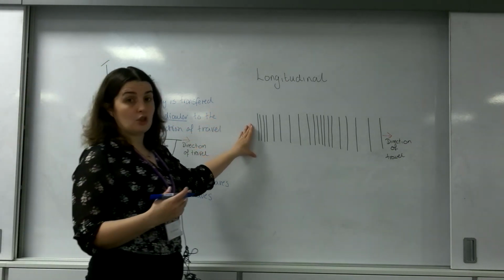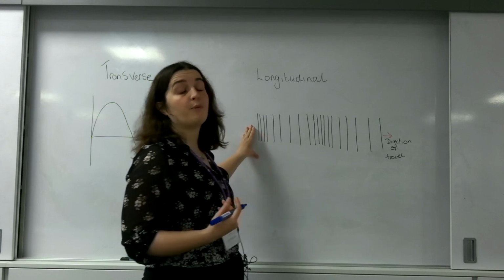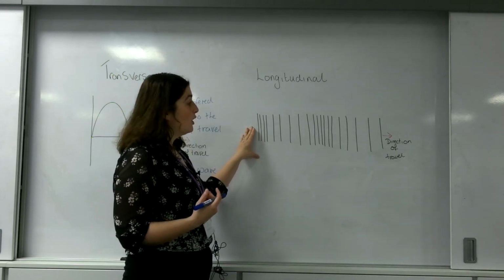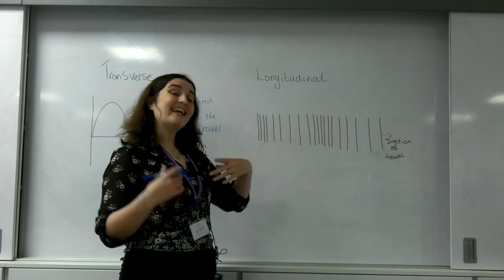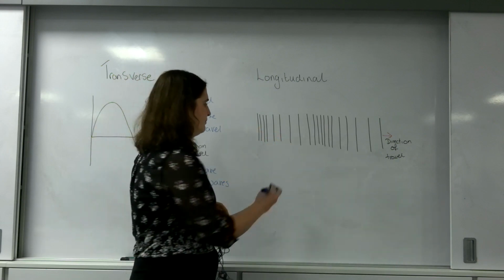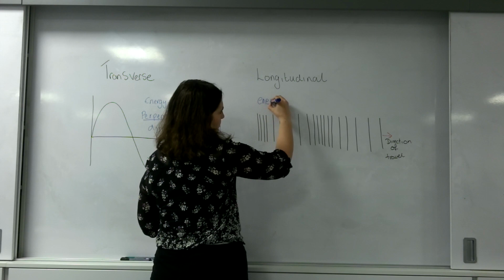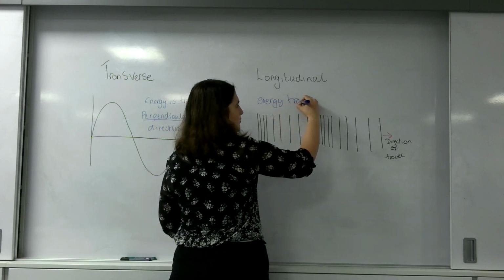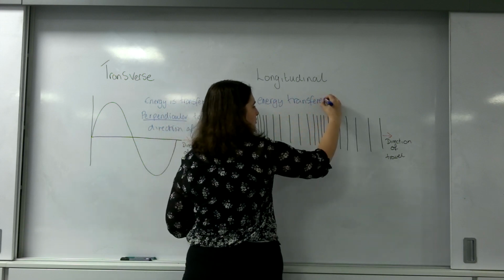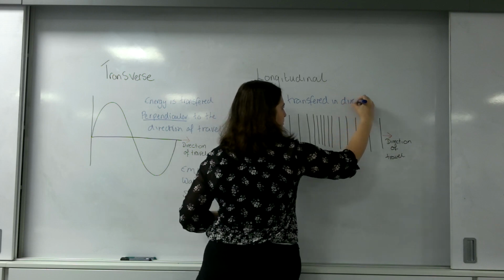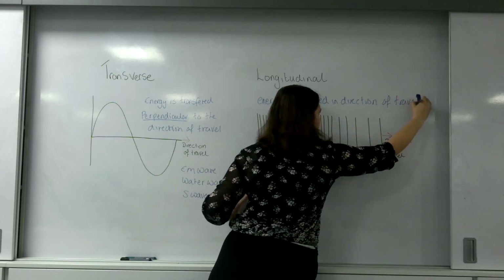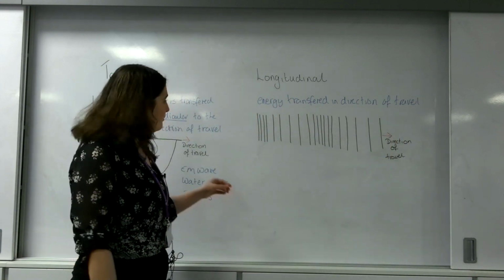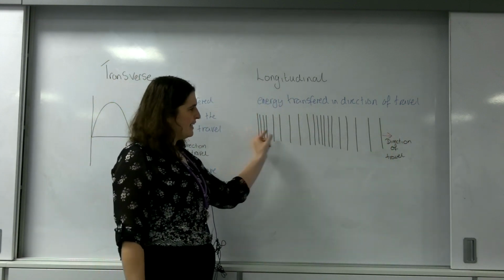This one here is a longitudinal wave, and this is the second type of wave you need to know about. In longitudinal waves, energy is transferred in the direction of travel. And you can see that here, these particles are moving left and right.